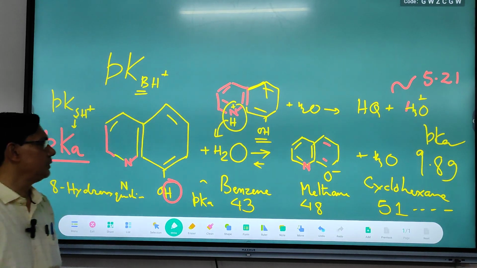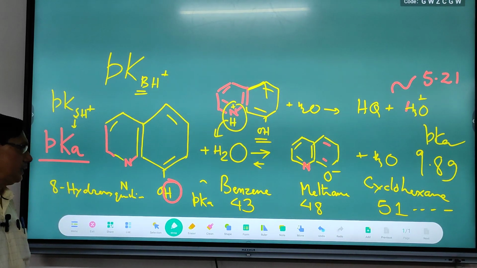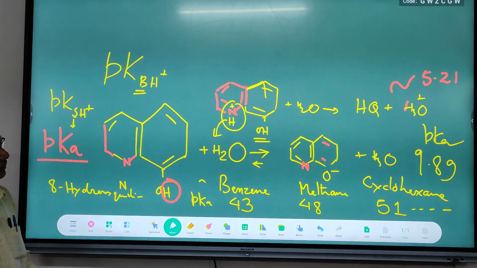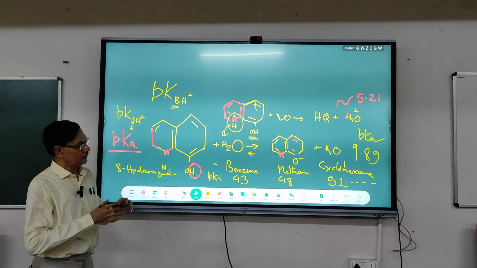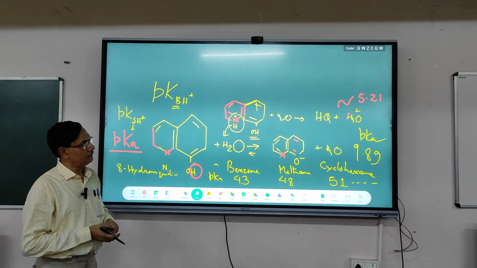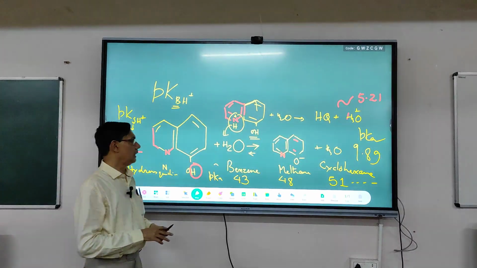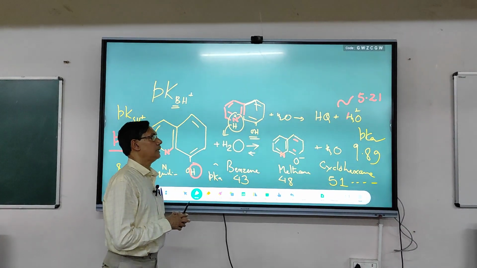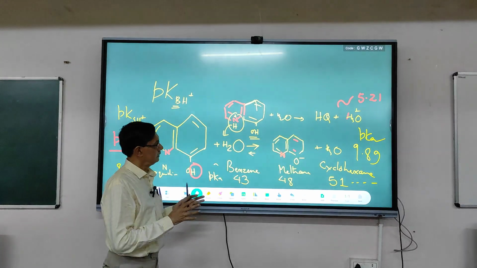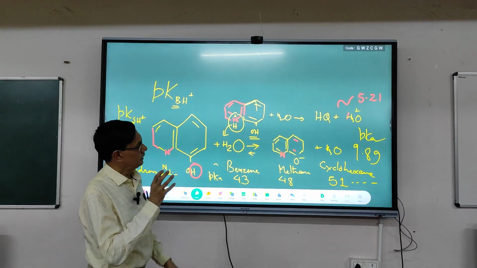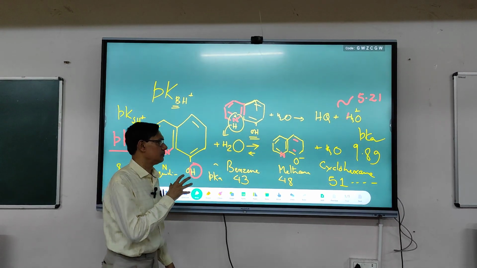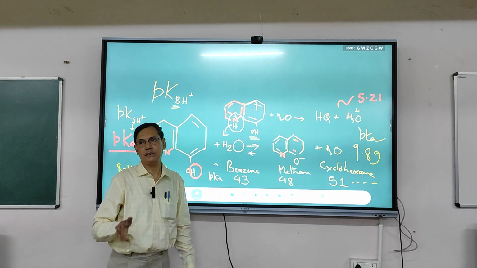So the application of this pK or pKbH concept is that with the help of this pK value, one can judge the strength of that type of species, irrespective of whether it is acidic or basic. Now my last example regarding water. Today's agenda is only the fundamental concepts; there are many examples available in the literature.